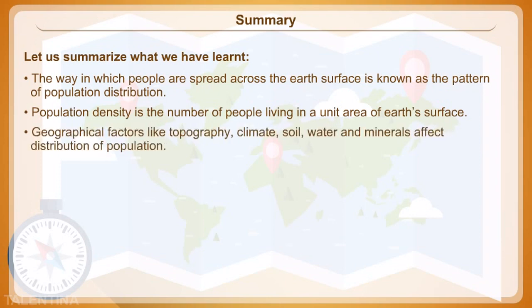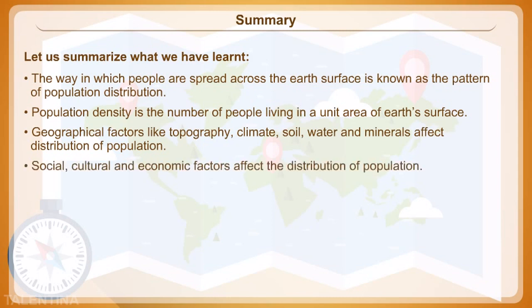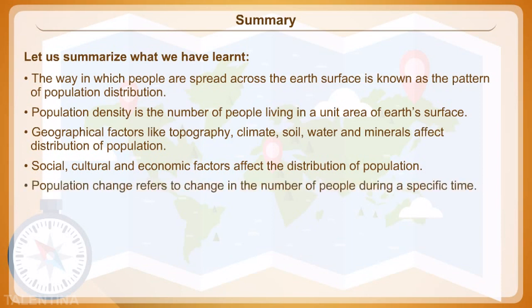Geographical factors like topography, climate, soil, water, and minerals affect distribution of population. Social, cultural, and economic factors affect the distribution of population. Population change refers to the change in the number of people during a specific time. Migration is movement of people in and out of an area.